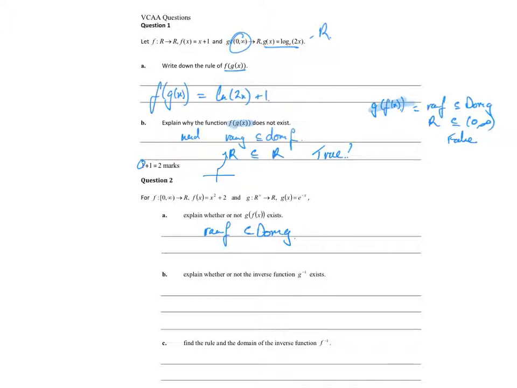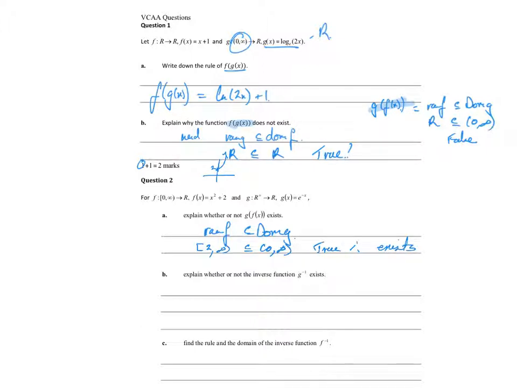So that's roughly what our graph looks like. So we need from 2 to infinity to be a subset of R plus, which is 0 to infinity, which is true, therefore it exists.